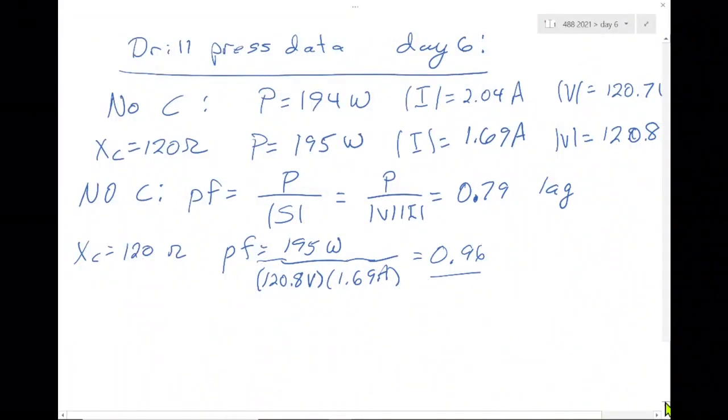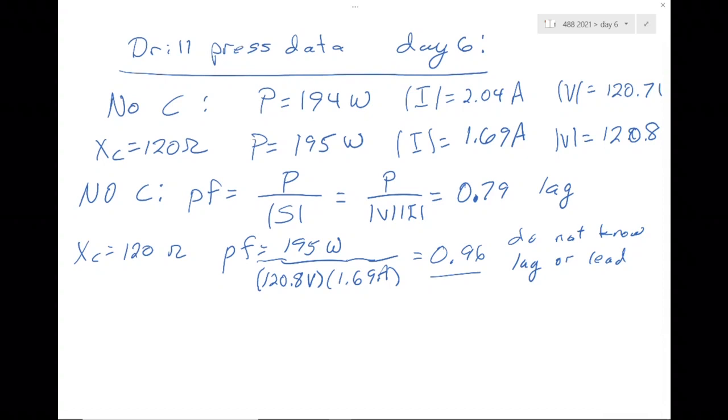So the takeaway from this is, we do not know if it's lag or lead. We could repeat the calculations that we did up above and estimate whether it's lagging or leading.